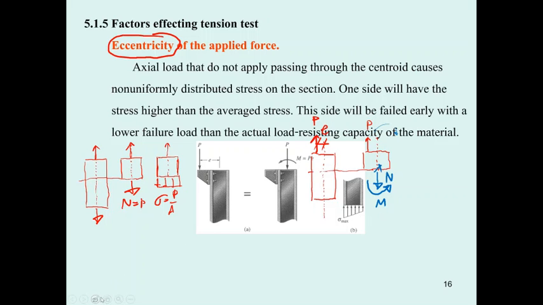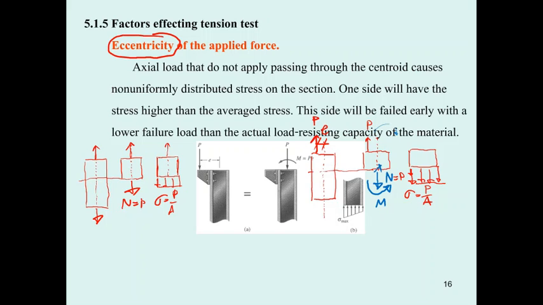If you recall from mechanics of materials, N is going to produce the same normal stress, sigma equal to N over A, where N is equal to P.